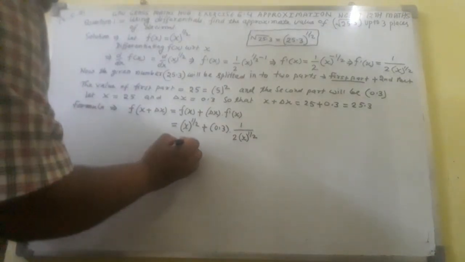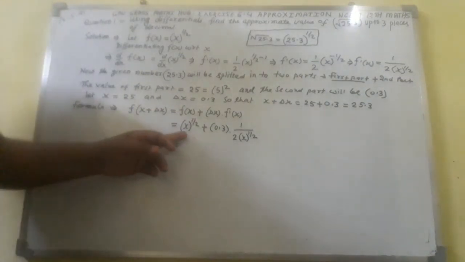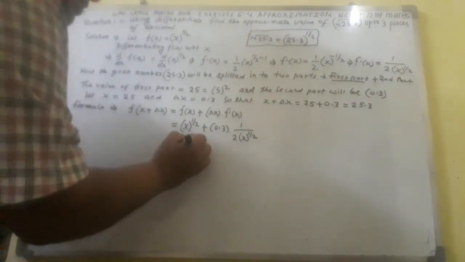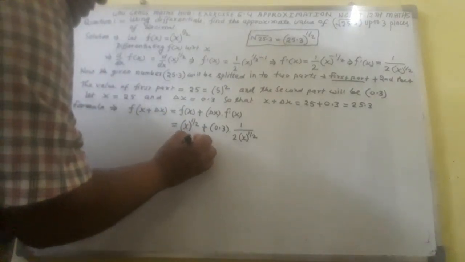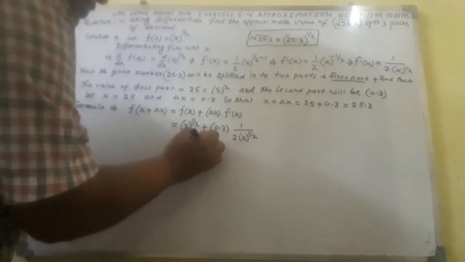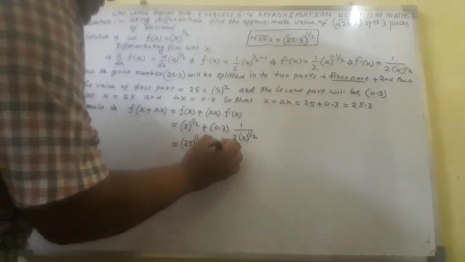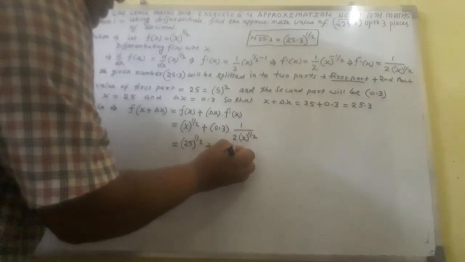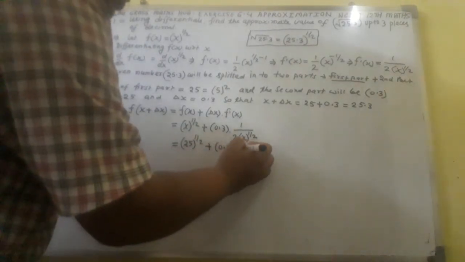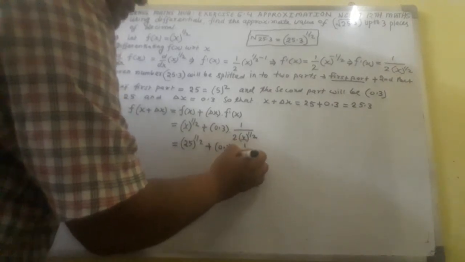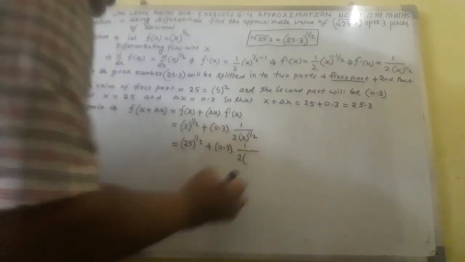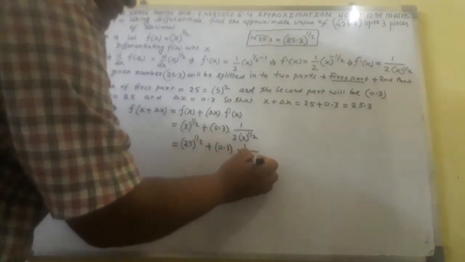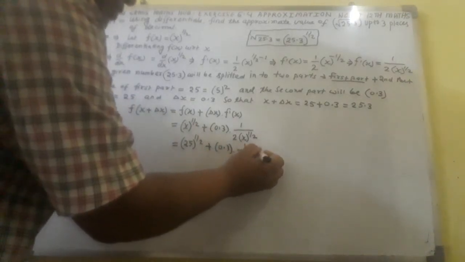Now what to do next? Here the value of x you have got is 25. So here I write 25 raised to the power 1 over 2 plus 0.3 dot 1 over 2, and in place of x I shall write 25 raised to the power 1 over 2.